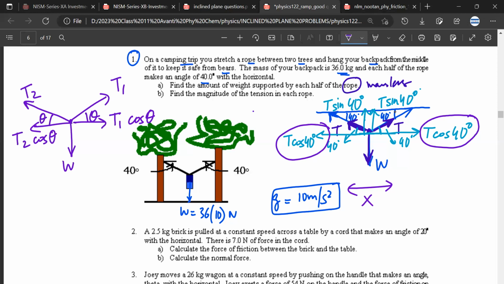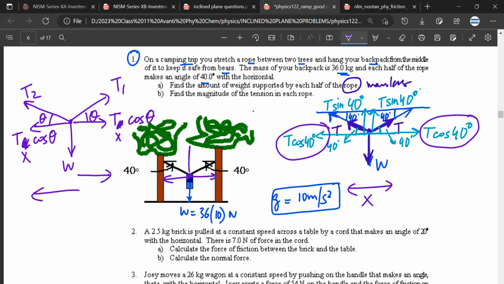If T1 was not equal to T2, then there would be a movement either in this direction or in this direction, because there is a net force to either left or right. But because there is no movement of the bag in either direction, that is why T1 should be equal to T2.